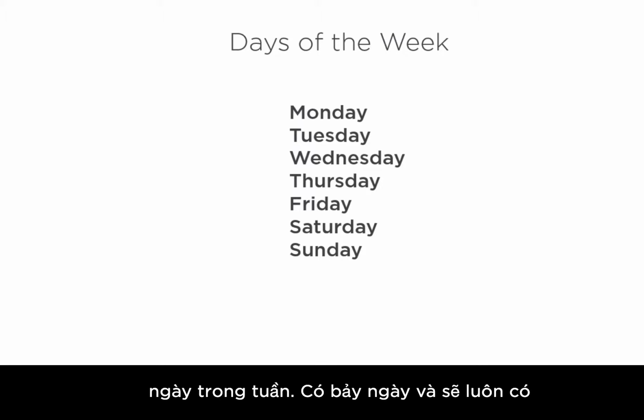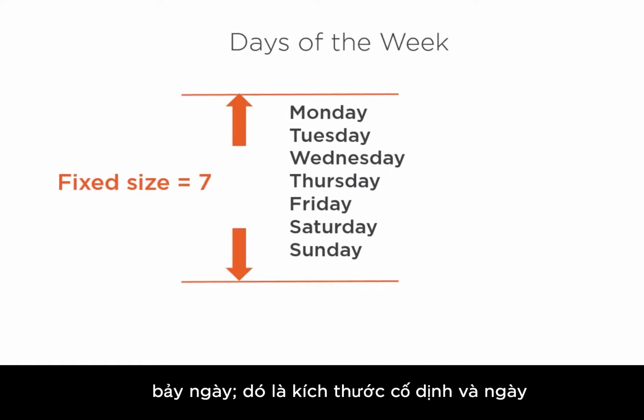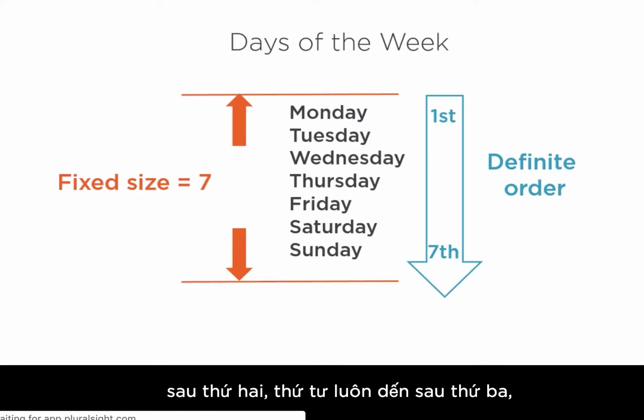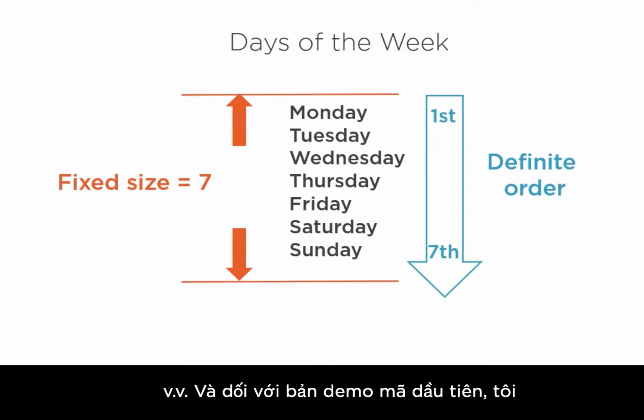There are 7 days, and there will always be 7 days. That's the fixed size. And the days also have a specific order. Tuesday always comes after Monday, Wednesday always comes after Tuesday, and so on.